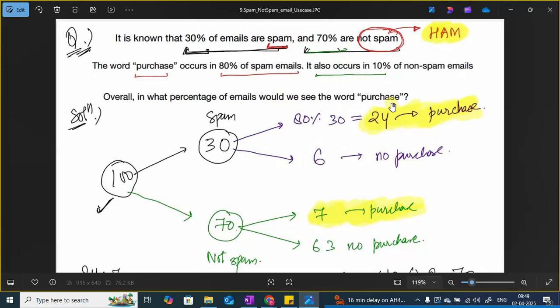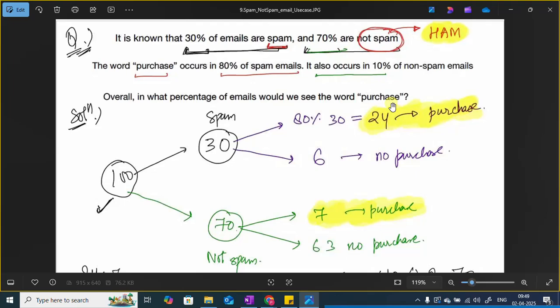Are you getting my point, guys? Let me explain what it is telling. Let's say you have thousand mails, or maybe 100 mails. Out of 100 mails, 30 are spam mails. Spam means not good, it's going to the spam folder. You might have seen in Google, right? I mean inbox and spam. 70% of mails are going to the inbox. That means that's good.